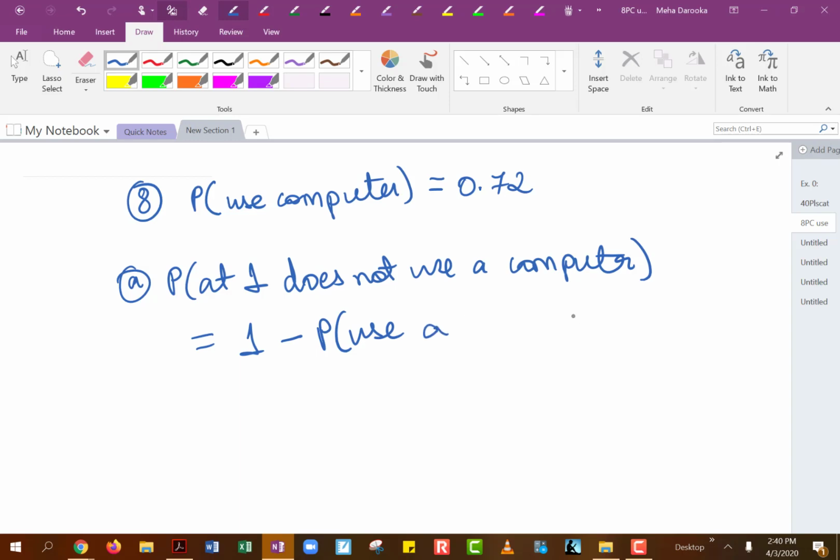And so that's going to be 1 minus the probability of using a computer.